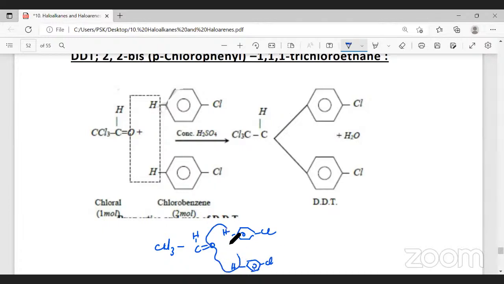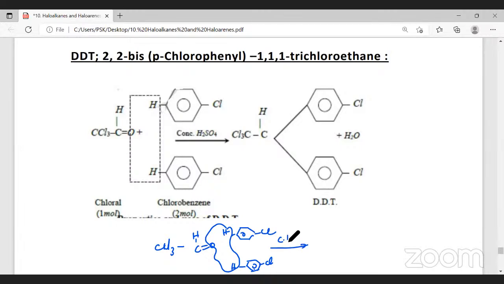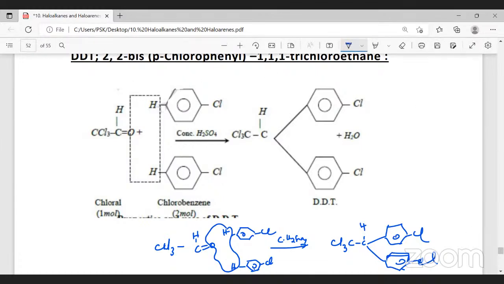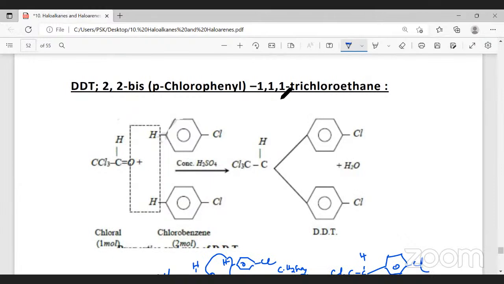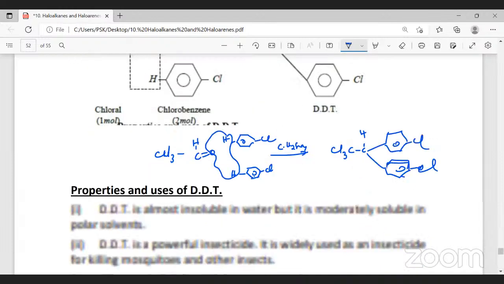These two will react to get eliminated as water in the presence of concentrated sulfuric acid, a dehydrating agent. So you get Cl3C, you have CH here, and a benzene ring with Cl, and another benzene ring with Cl. This is called DDT. What is DDT? 2,2-bis(para-chlorophenyl)-1,1,1-trichloroethane. This is the IUPAC name of DDT.